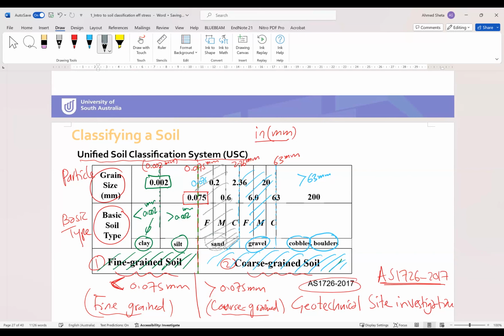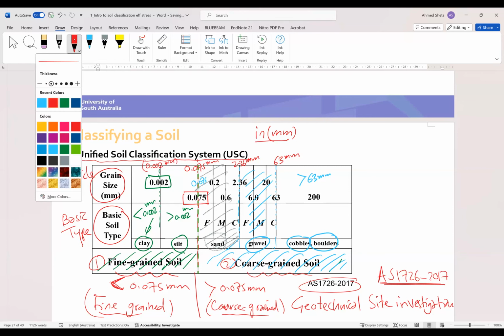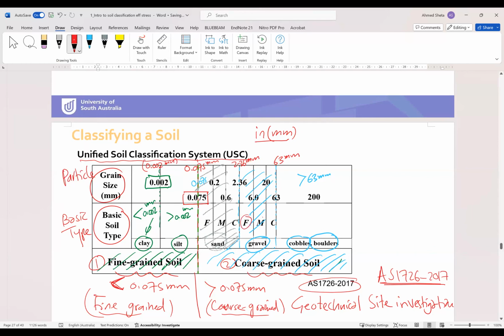So using this chart or this table, you can classify the soil as fine or coarse grained soil, and also you can know if it is clay or silt or sand, gravel, cobbles, and boulders. There is another subdivision, if you can see, under gravel, for example: F, M, and C. So we have fine, medium, and coarse.